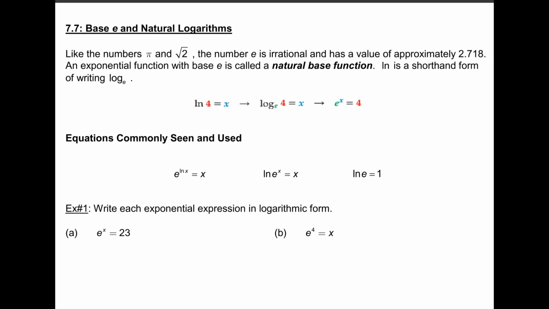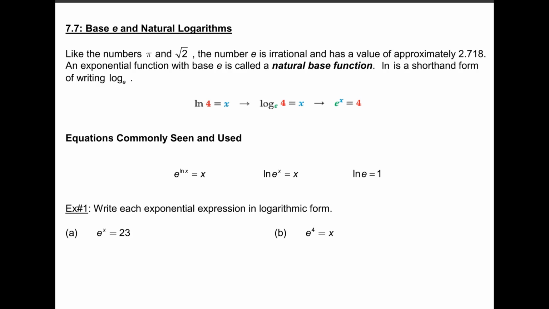Remember when your uncle was giving you money, starting with a penny and doubling that? So we found exponential functions and talked about the value of e. e is the natural base.